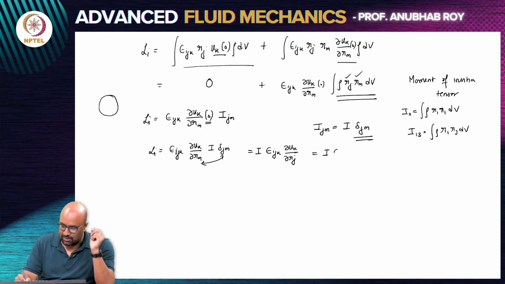Now, doing the decomposition that we have been doing so far, the velocity gradient can be written as E_kj plus R_kj, the symmetric part and the anti-symmetric part.